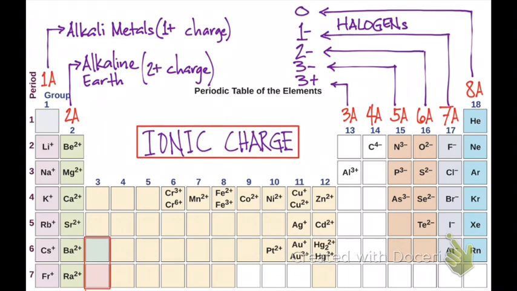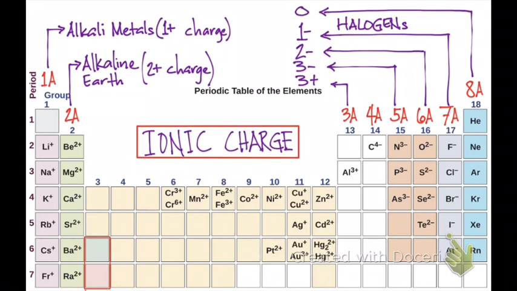The reason why they're not as predictable is because these transition metals can have multiple possible ionic charges. So for example, chromium can have a positive 3 charge. It can also have a positive 6. Iron can have a positive 2 charge or a positive 3. Manganese can have a positive 2. It can have a positive 4 or even positive 7. And so the ionic charge of these transition elements are not as predictable compared to the main group elements that we just looked at.